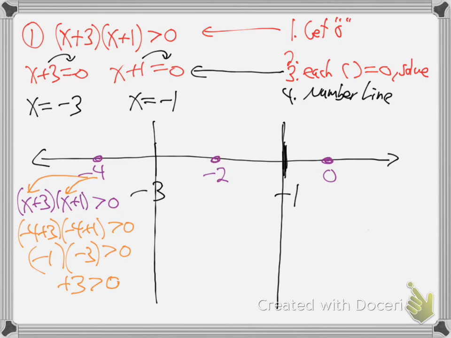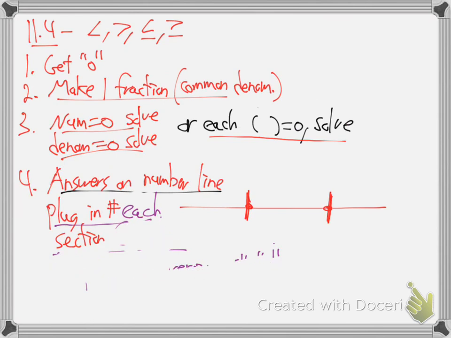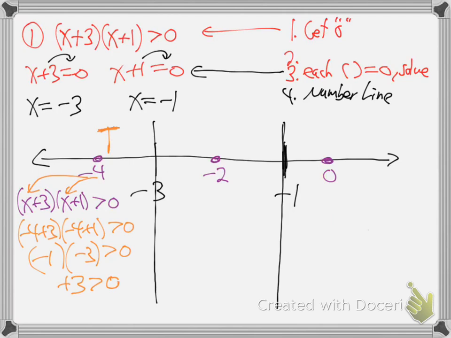That comes out to be a true section. Yeah, let's just do it that way: plug in a number into each section to find out if it's true or false. All right, so that's a true section.